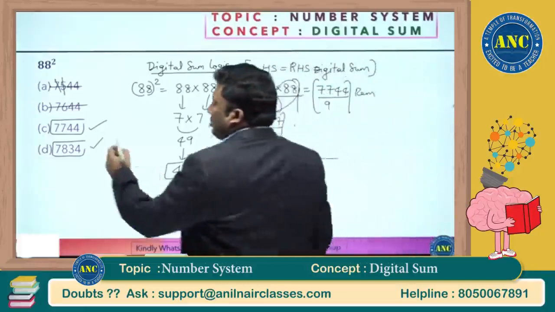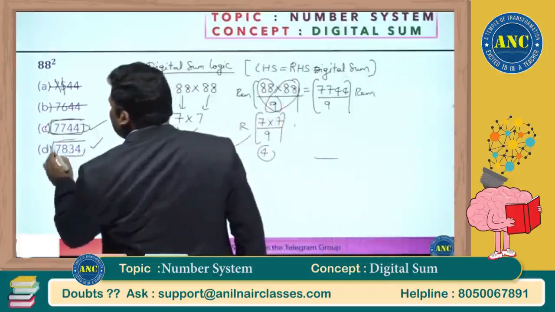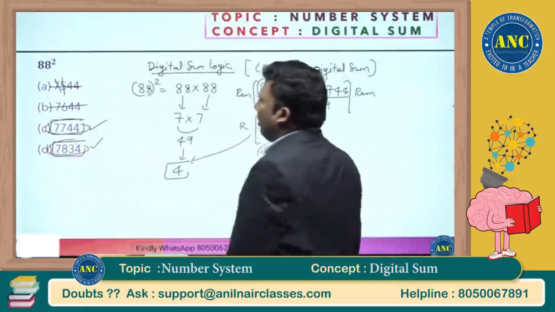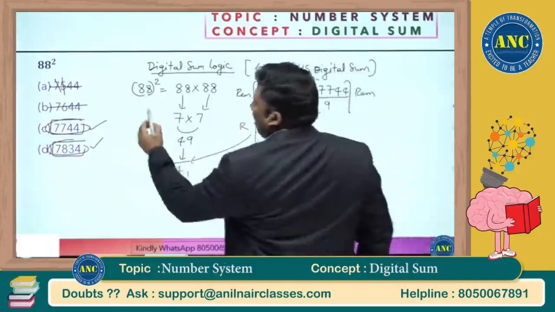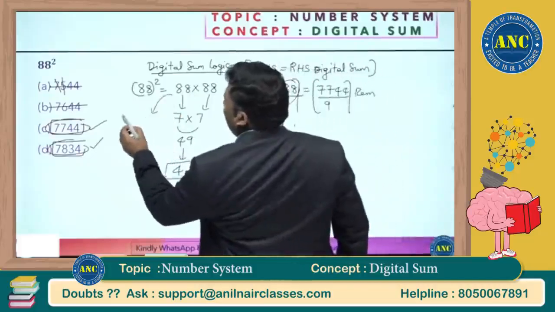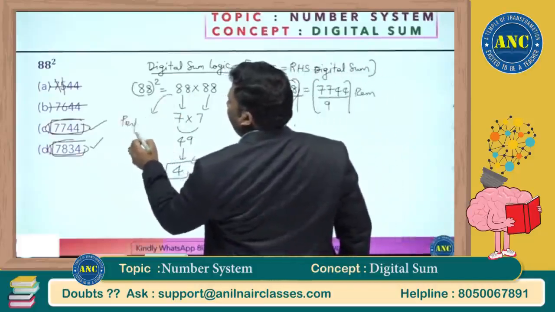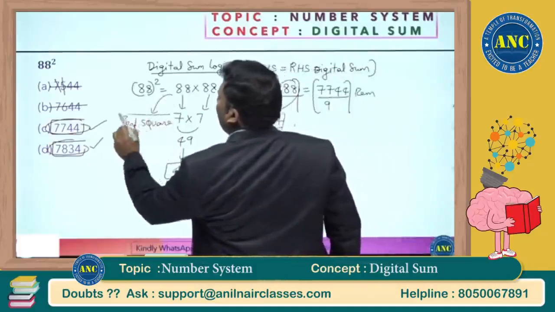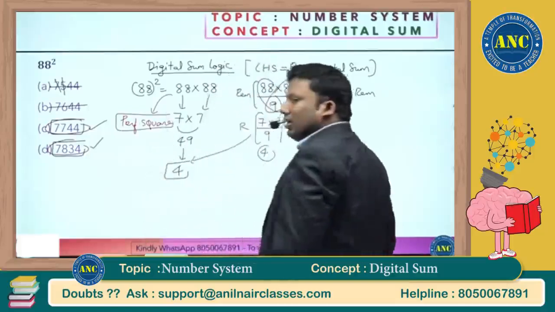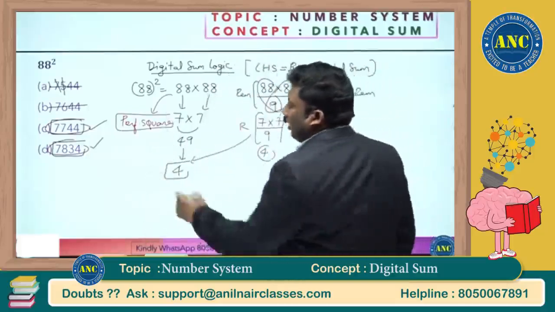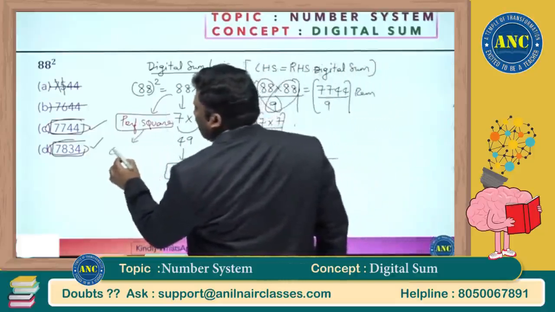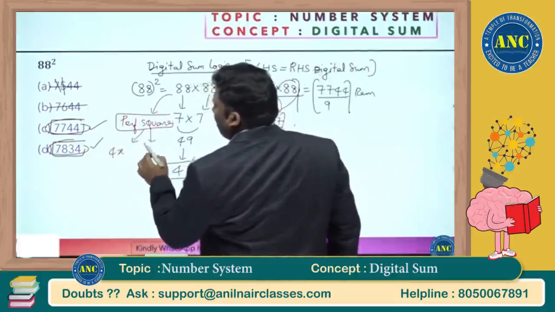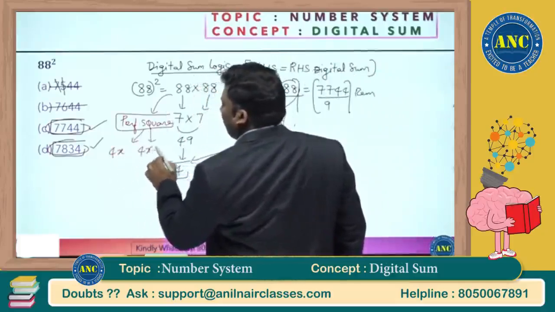The options could be 7744 or 7834. Now observe 88 square. Any number multiplied by itself, or any number whose power is even, is a perfect square. A perfect square will always be of the form 4k or 4k plus 1.